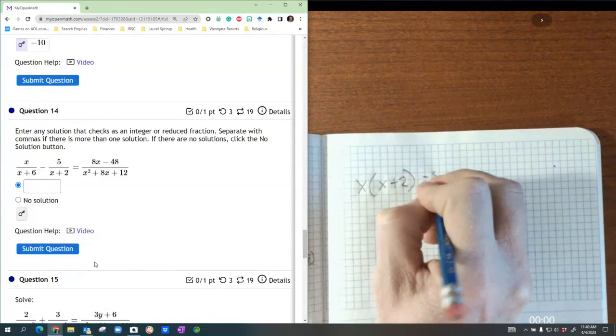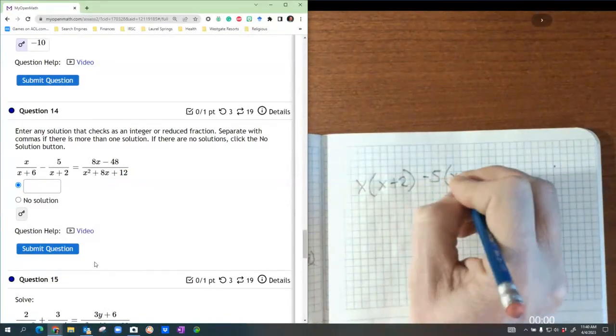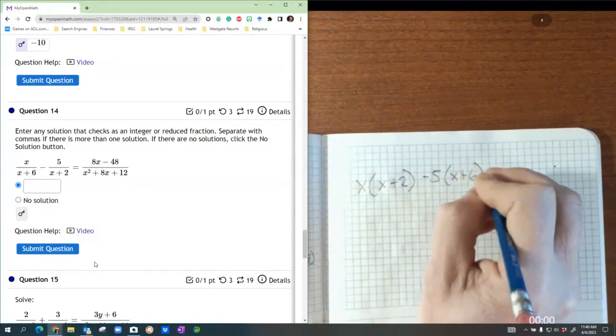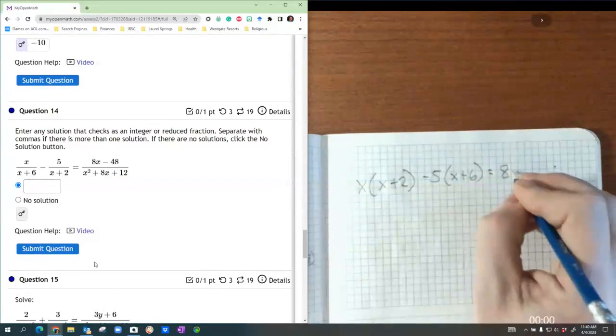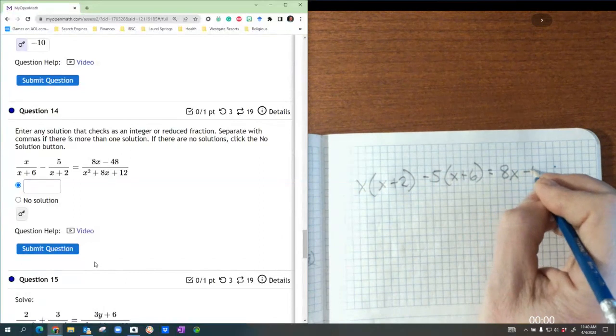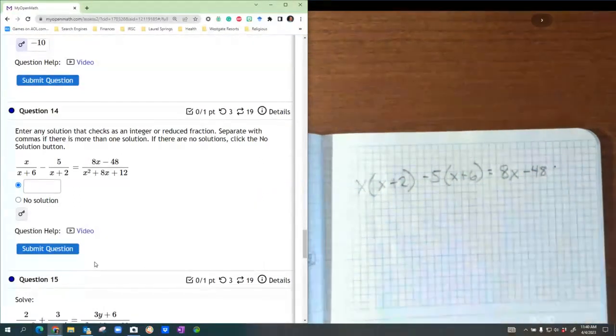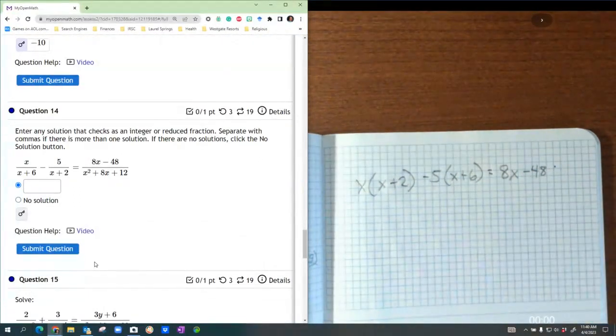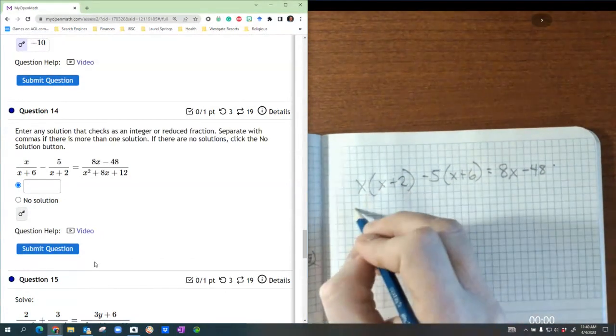And then it's negative 5 times x plus 6. And then it's going to be 8x minus 48. So I'm done with that. Now I'm going to do the distributive property.